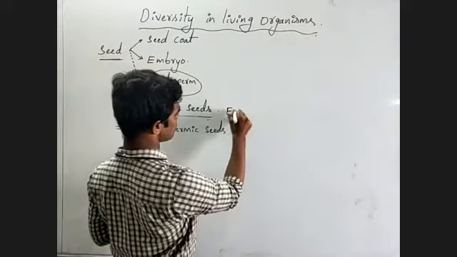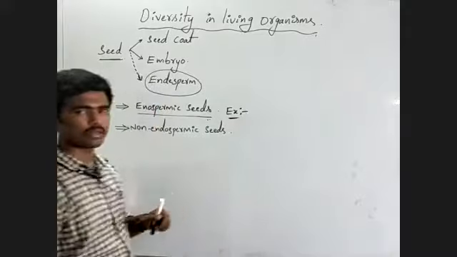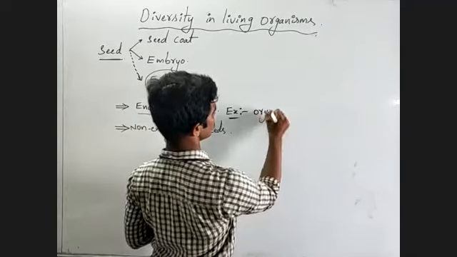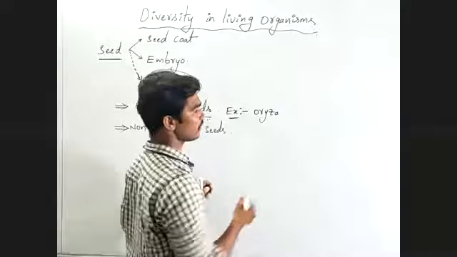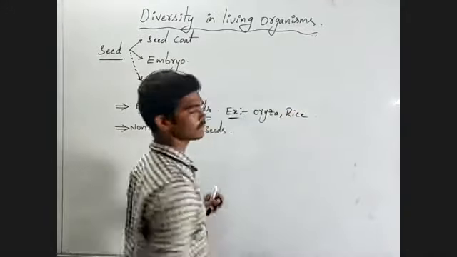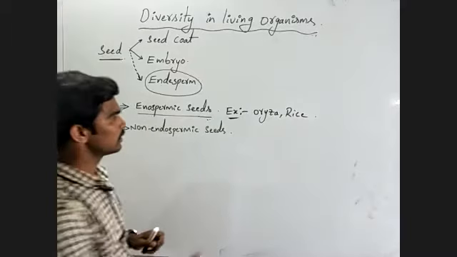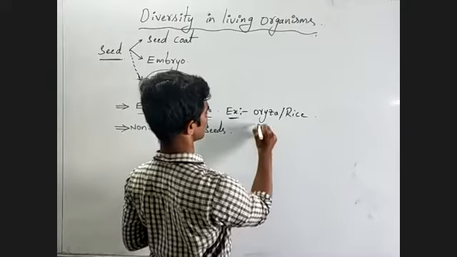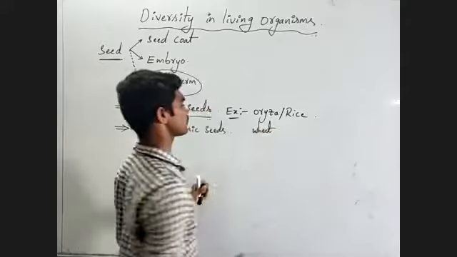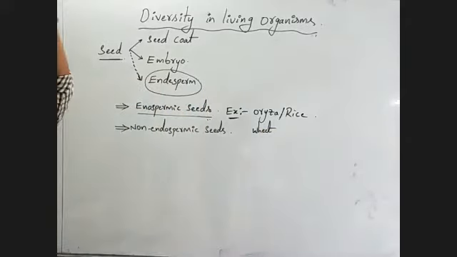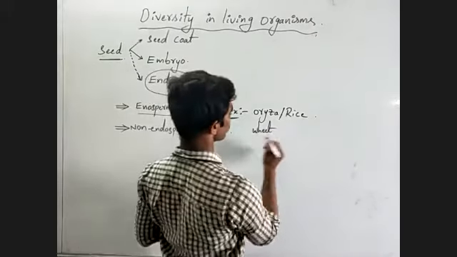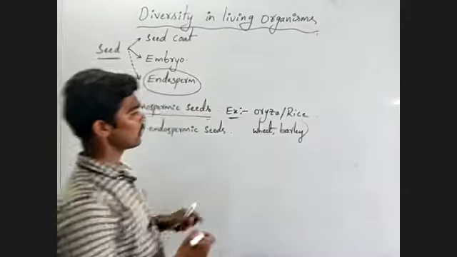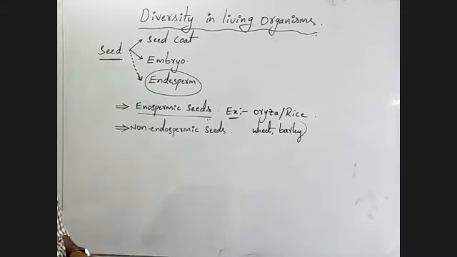Examples for endospermic seeds are rice, wheat, and barley. These are the best examples for endospermic seeds.